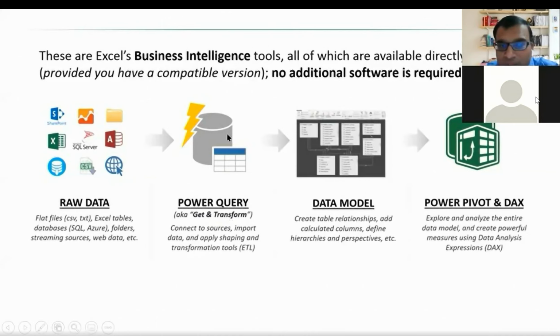We will not learn M code. It's a simple language, but we are not going to learn it. Then the next step is the data model, and through the data model you can do Power Pivot. And DAX, data analysis expressions, is again a coding kind of language, but we will not go there. We can do it without coding also.